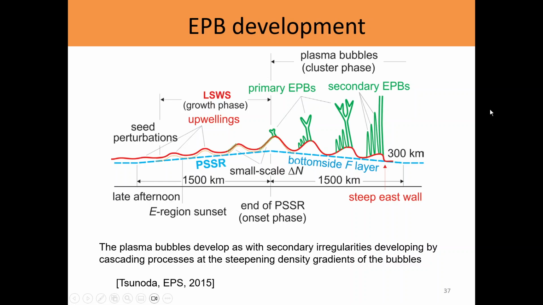Another work is by Sunoda. He talks about how he was trying to campaign more observation at different longitudes of Earth and try to theorize how the large scale bubbles occur. This picture has a lot of details. Basically, he talked about the bottom side of the F layer, let's say about 300 kilometers.